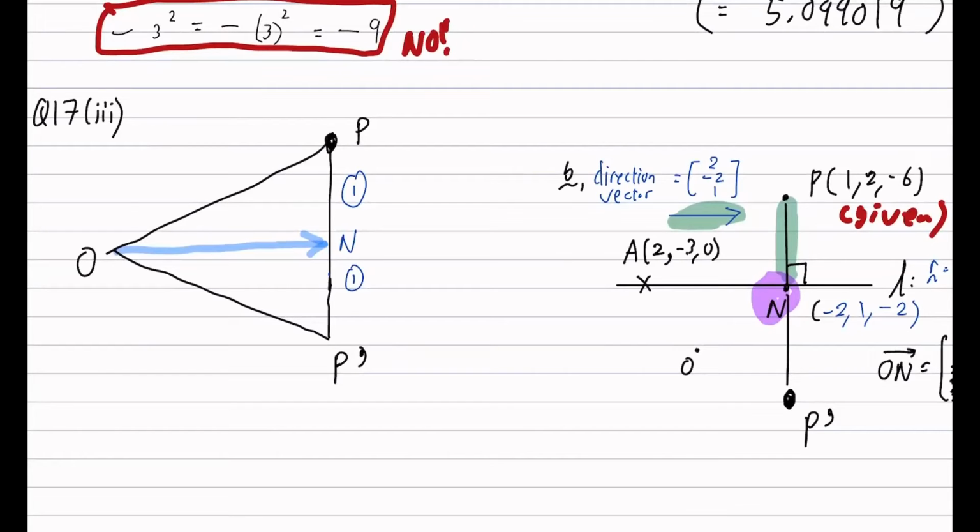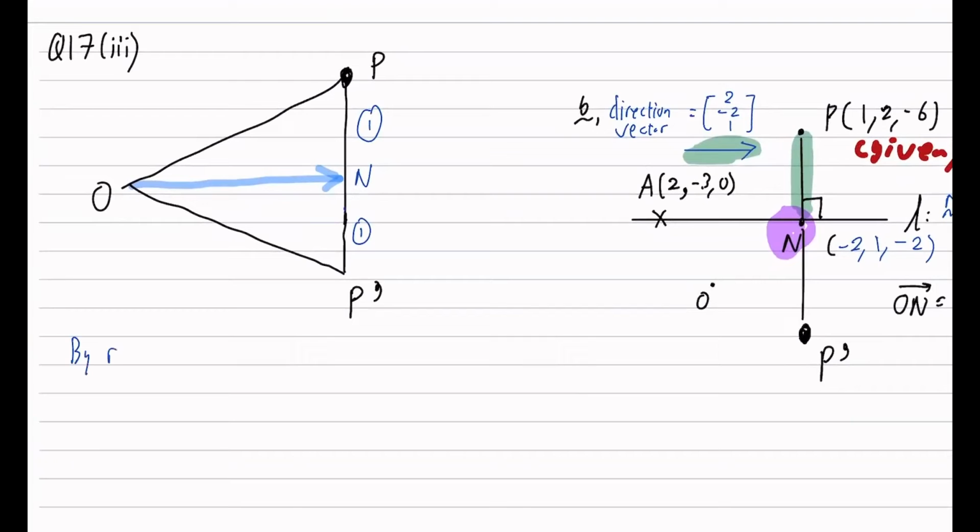Good. So how do you continue? Ratio theorem. 1 of OP plus 1 of OP prime over 2 equals ON. Equals what on the left hand side? Vector ON. Very good. What do we know?